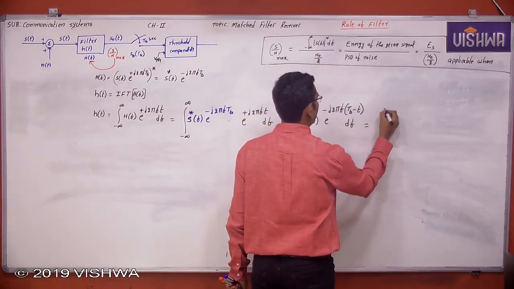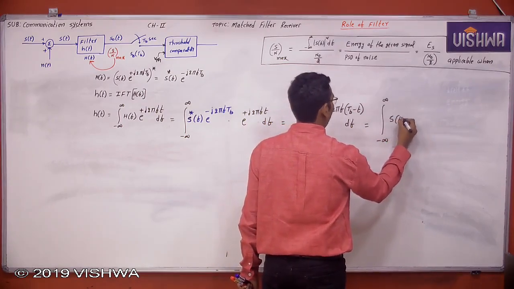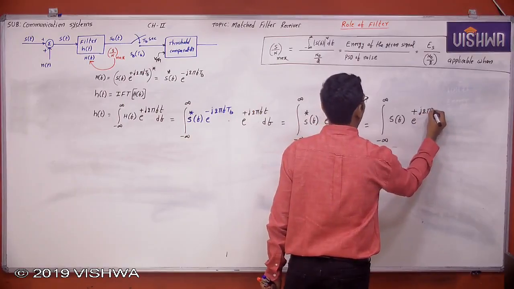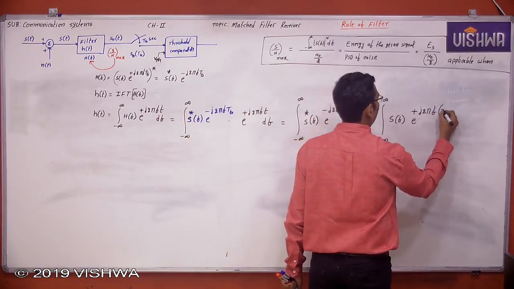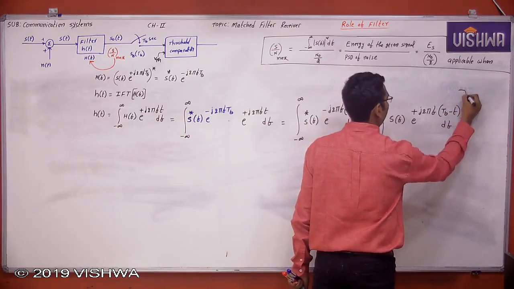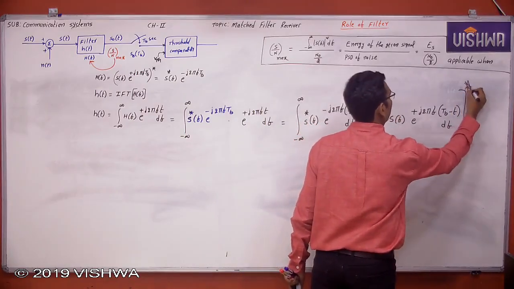So can I write it like this, the integral of S of f, removing this complex conjugate, e to the power plus j 2 pi f (tb minus t) df. Now this is the whole complex conjugate.